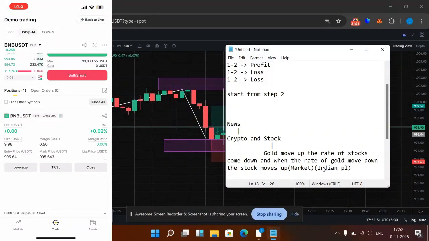Indian plus international news will affect the market. International news will affect the price, not any national news. Here we can see that.